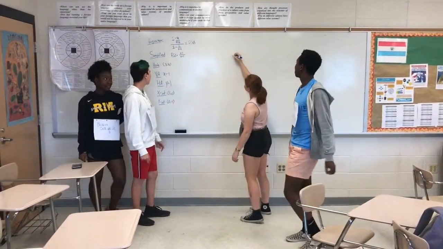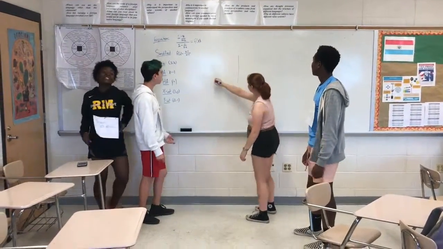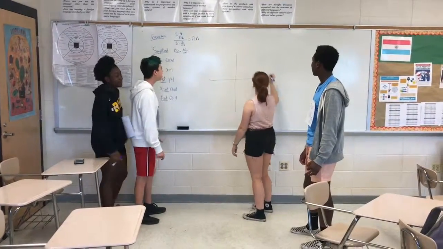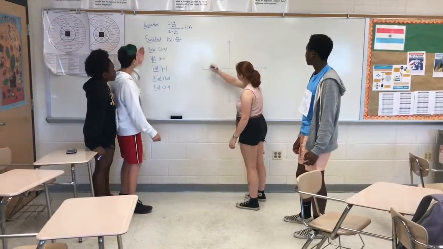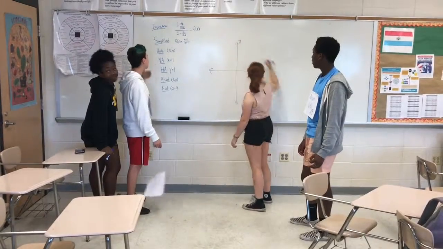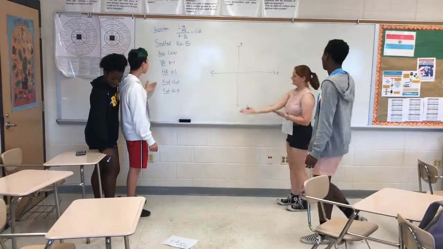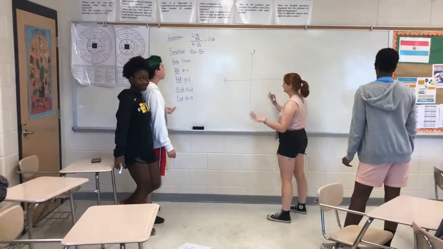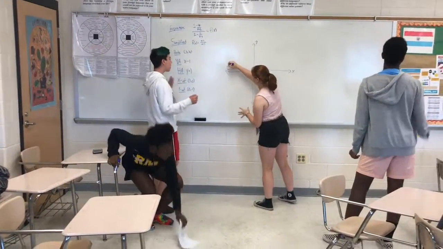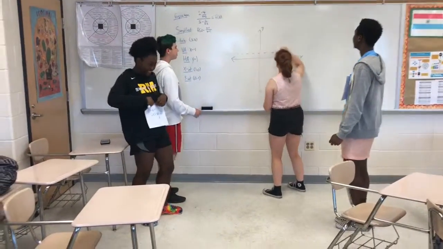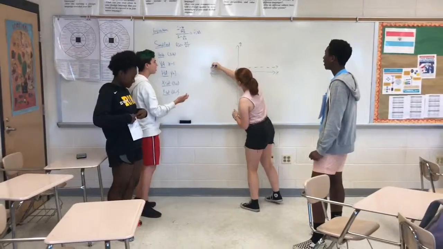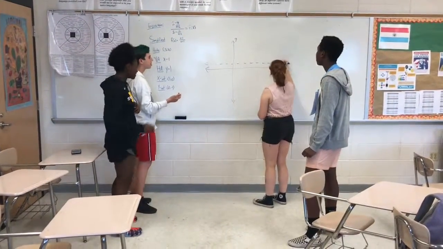Alright, so we're going to find the graph of this equation. Now that we know where the hole, the vertical asymptote, the horizontal asymptote, the x-intercept and y-intercept are, we're going to graph it. So that's the horizontal asymptote, we're going to label it.